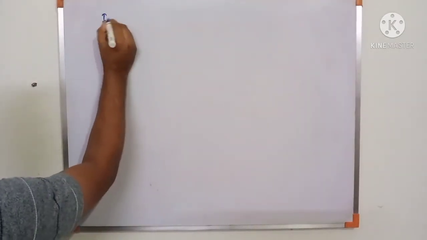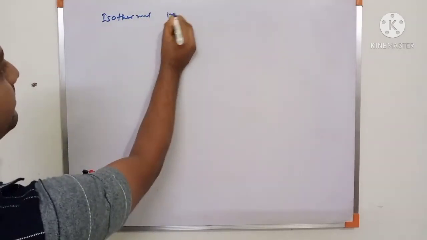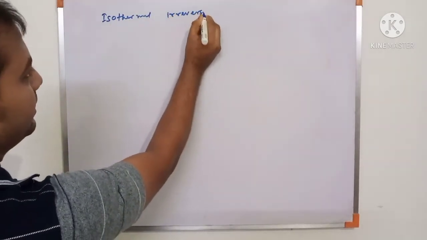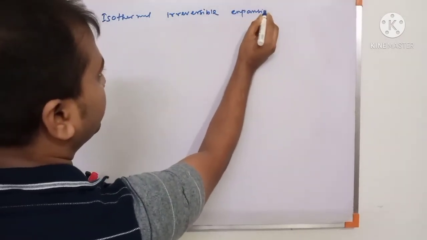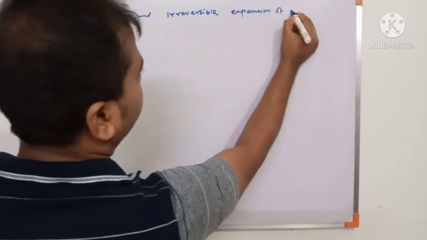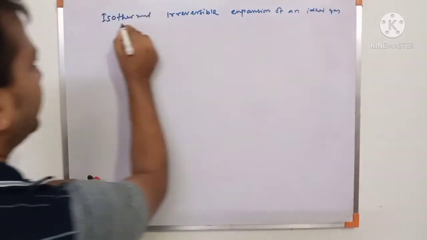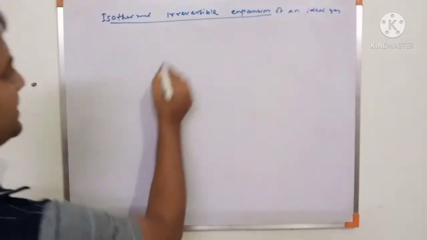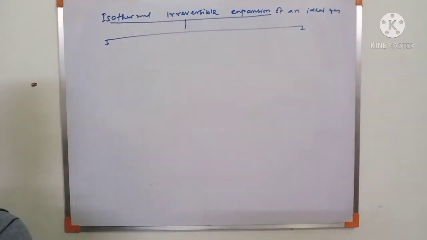Second, in case of isothermal but irreversible expansion of an ideal gas. Isothermal irreversible expansion is divided into two cases.